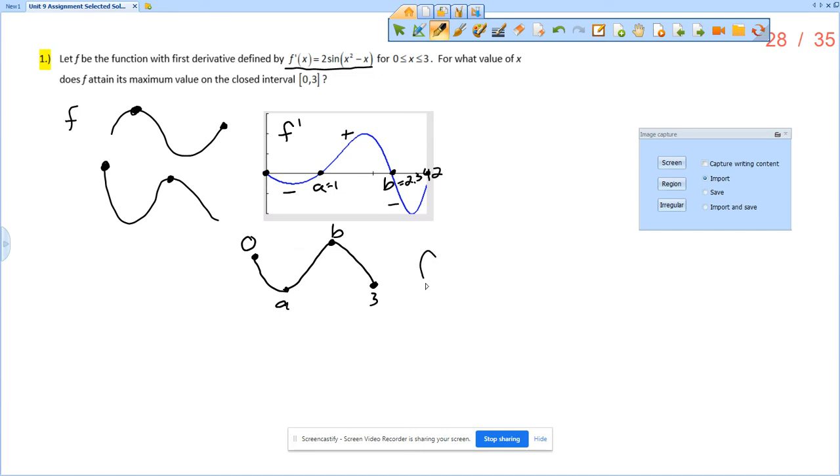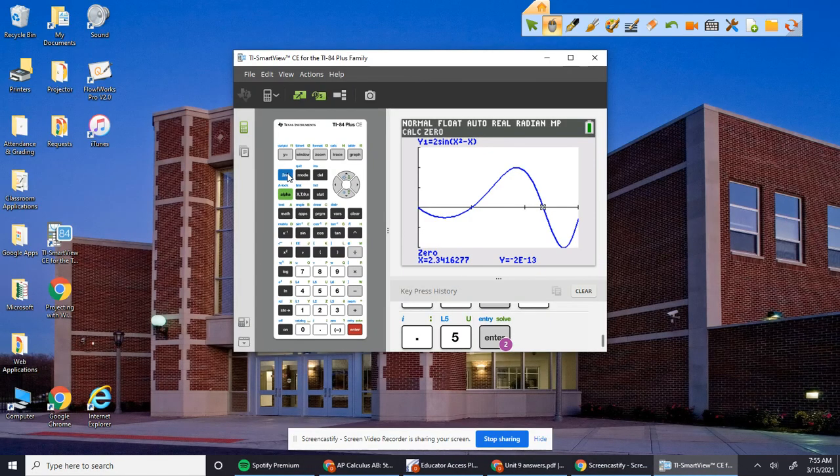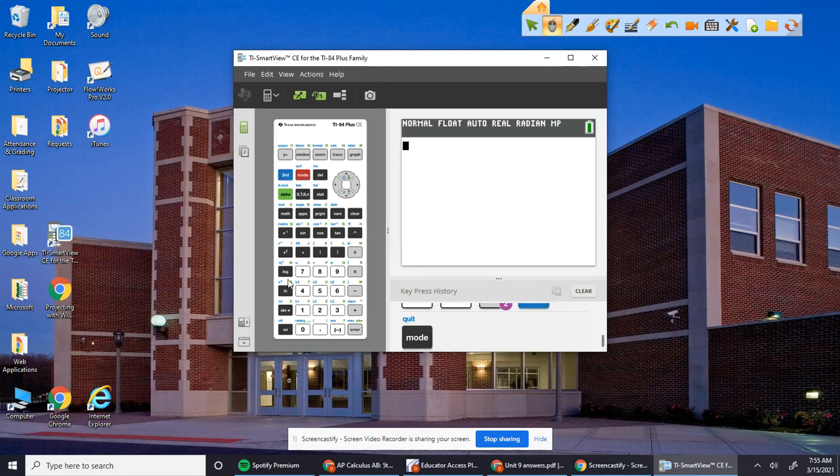So what we're going to do is integrate the f prime equation from 0 to 2.342, and that's going to equal f of 2.342 minus f of 0. Let's do that calculation. Go back to our calculate screen, and we're going to do math 9, and go from 0 to 2.342.